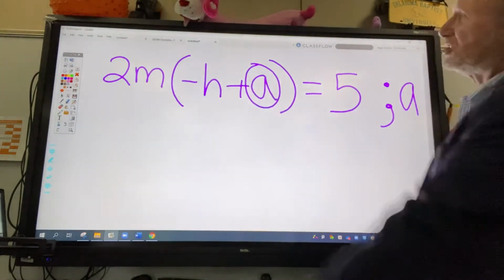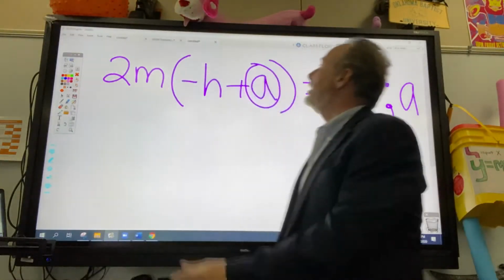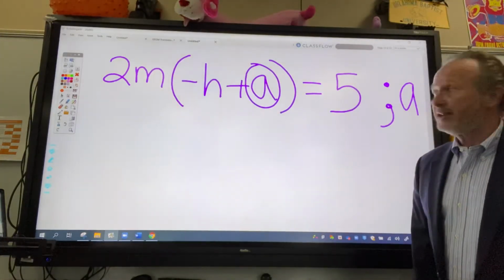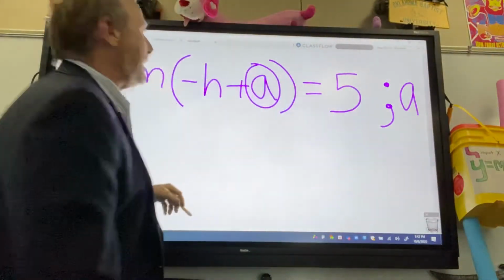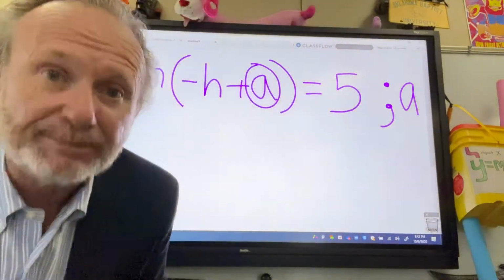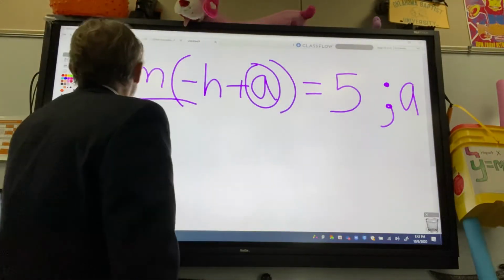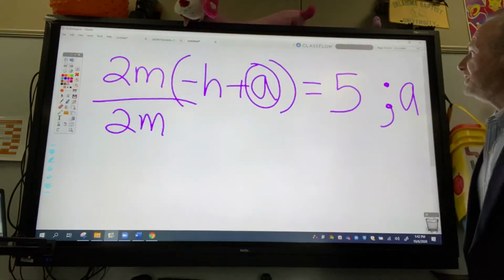Well, what's the farthest thing out? If I step outside the parentheses, I've got 2m times negative h plus a. Do you see that? Who am I going to get rid of first? I'm going to get rid of this 2m times. And what's the opposite of times? Divide. So I divide by 2m. Everybody see that?